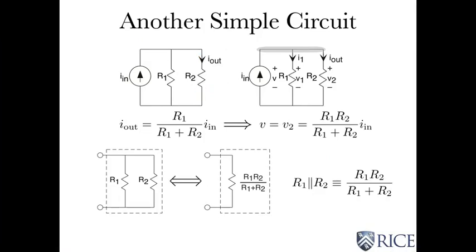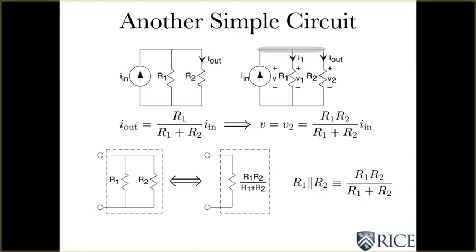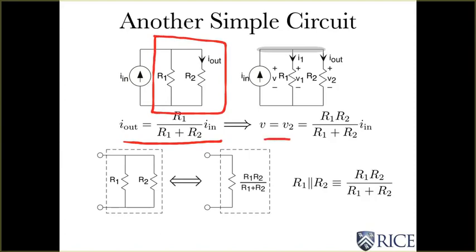what does this look like? Well, again, because we get that for the input-output relationship, the only way the current source can see what's going on is to look at its voltage. Well, that voltage is just that.